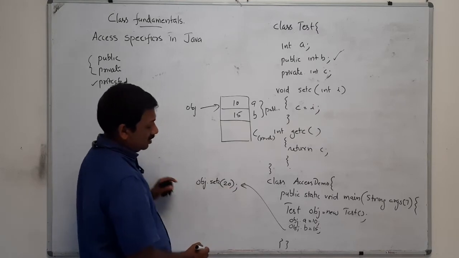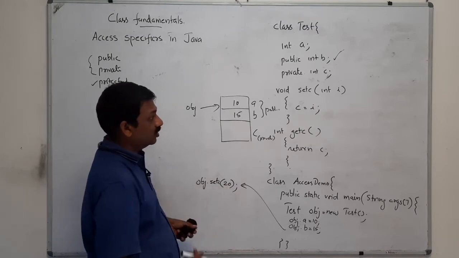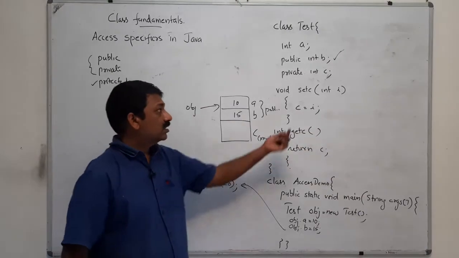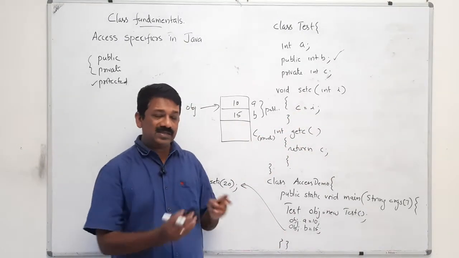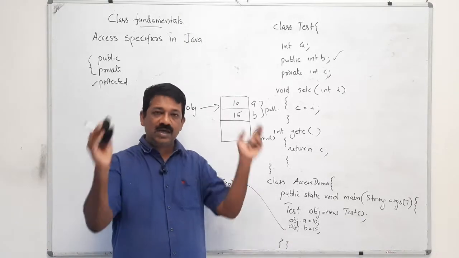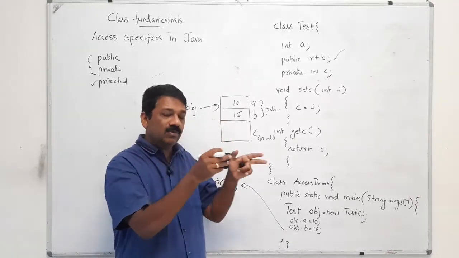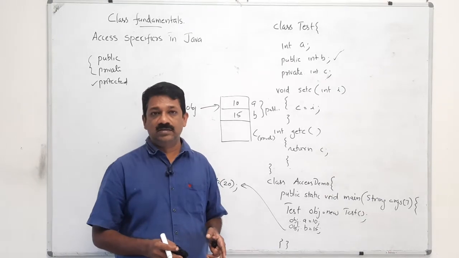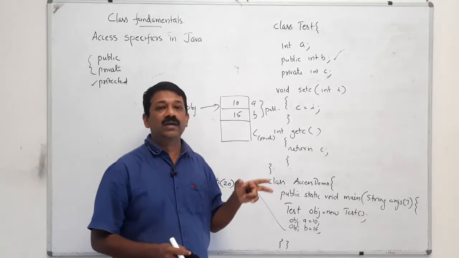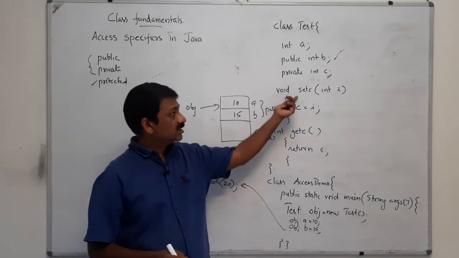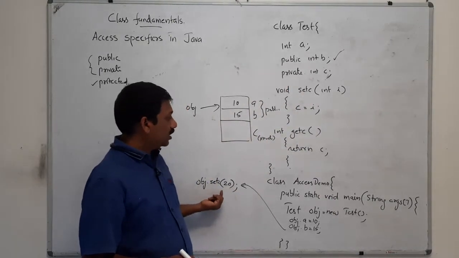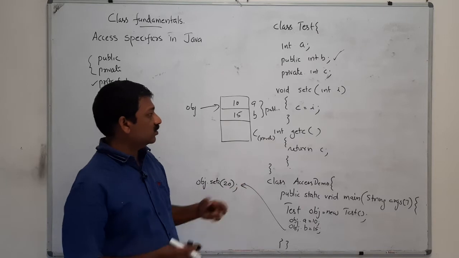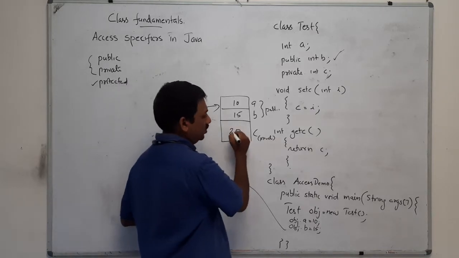That's okay, because this function is available to you. That means that is the interface. What is happening inside that variable you cannot access directly, you cannot interact with it, but using this method you can access the variable, and obj.setC(20) means you can set this 20.